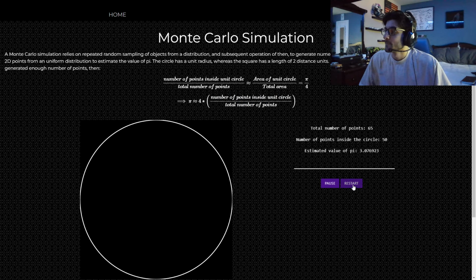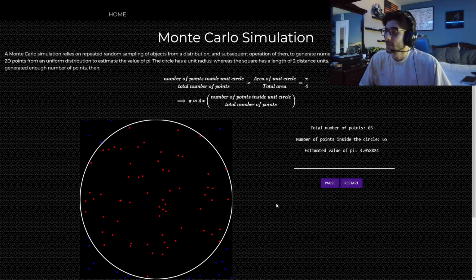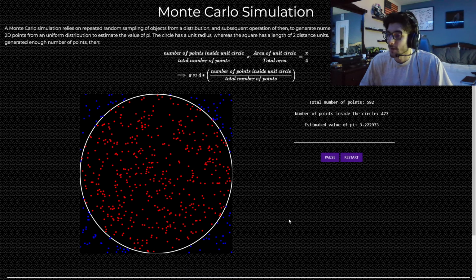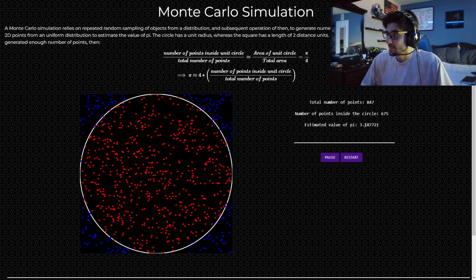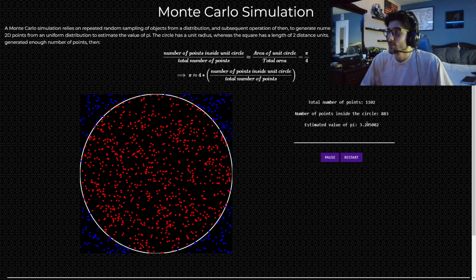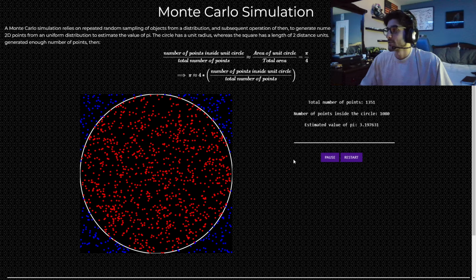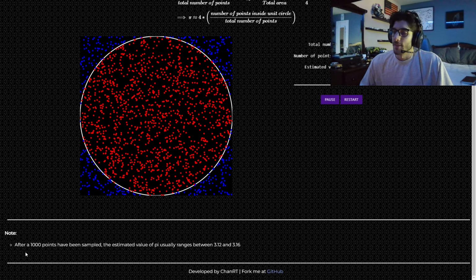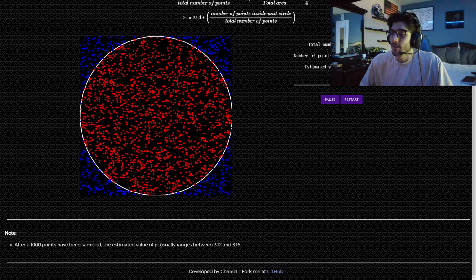So if we keep on going, we can see all these random points being generated within this confine, and then it estimates the value of pi. And it'll get close. The longer you do this, the closer and closer it would get to 3.1415, whatever. And a little note down here: after about 1,000 points have been sampled, the estimated value of pi usually ranges between 3.12 and 3.16.